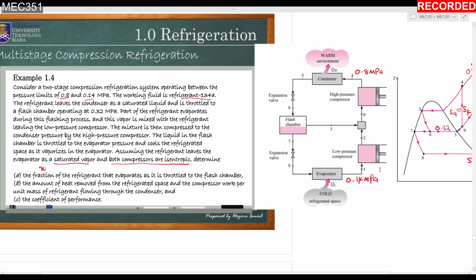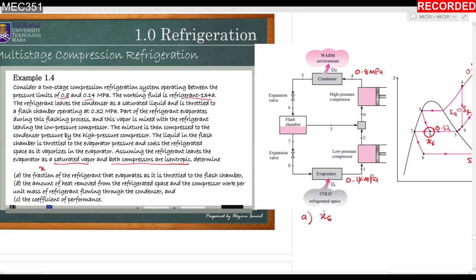So the question is asking for the fraction of the refrigerant that evaporates as it is throttled to the flash chamber. So I put it as x at state 6. The question A wants the value of x at state 6.